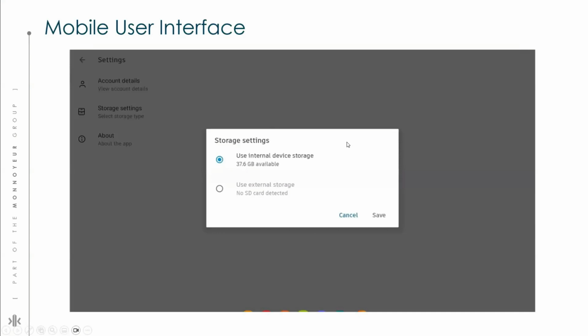Once you sign up or log in, you're going to see how the mobile app tells you about the storage settings, which is what I just mentioned a moment ago. What that means is that if you don't have external storage, and this is taken, I think, from an iPad, my iPad doesn't have one, an iPad doesn't have external storage. So it's going to tell you how much you have available inside the iPad or your Android tablet.